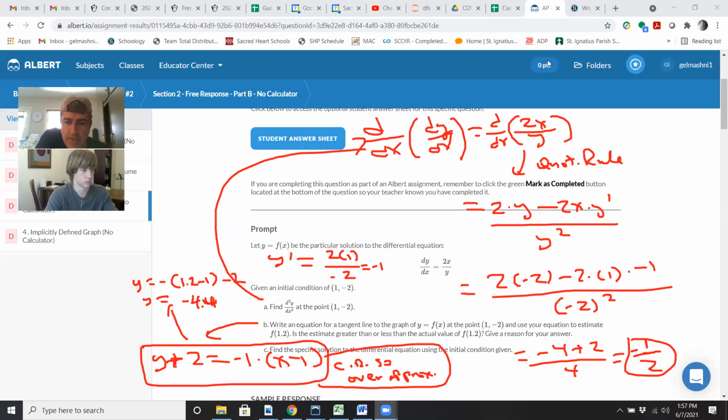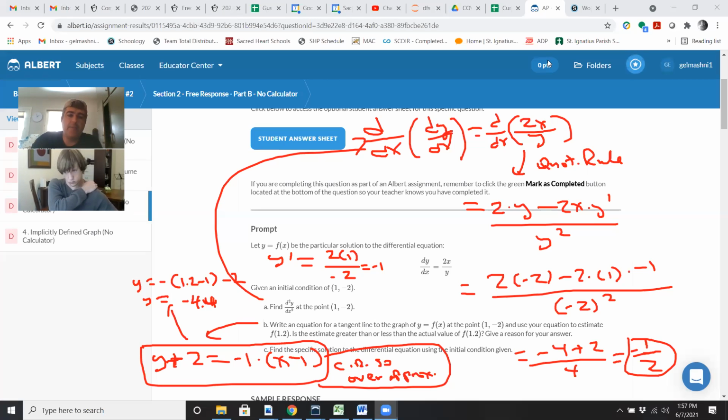For B, you were asked to write the equation of a tangent line. So what you want to do is do point slope form. You do y minus y1, which is y plus 2, equals m. We know what m is at 1, -2. We already did in part A, which is -1, times x minus 1. Then plug in 1.2 for x and solve for y. You should get -4.4. And that's going to be an over approximation because we know we're concave down at 1, -2. We just did that in part A. We solved for the second derivative.